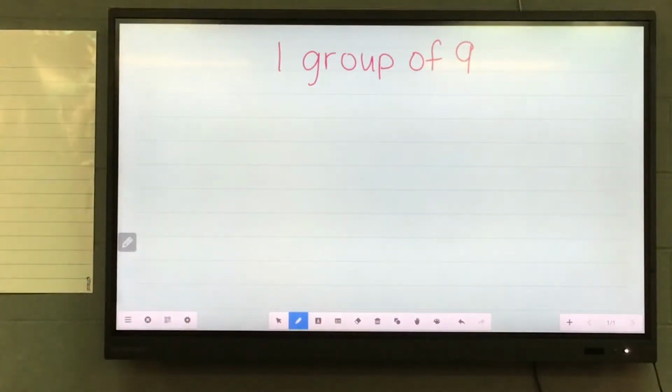Your new problem is on the board. Show me, using your tiles, what this would look like. 1 group of 9. How many groups are you making? 1. Just 1 group.